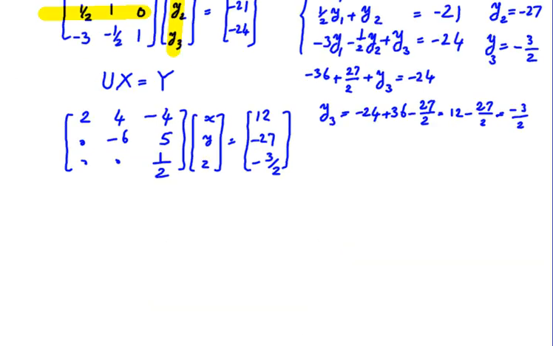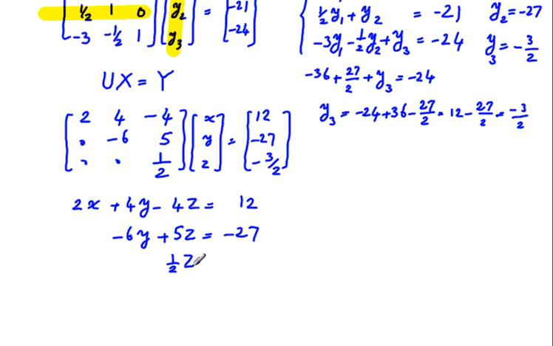So what step of the Gaussian process is this going to be? Let's just write it out in the traditional format. This equation is really 2x plus 4y minus 4z is equal to 12. And then minus 6y plus 5z is equal to minus 27.